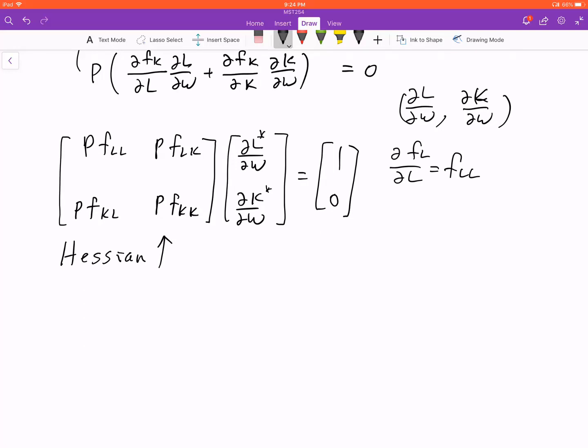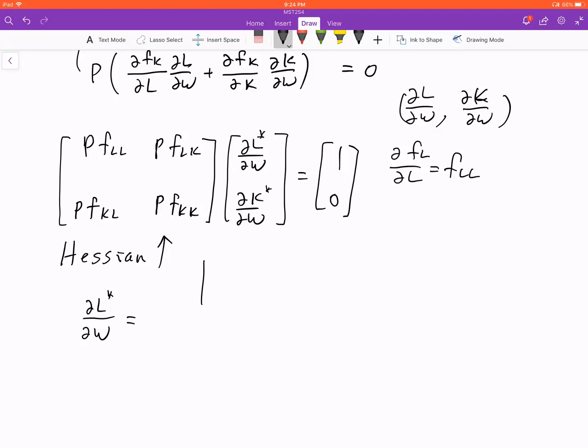And notice over here, if we want to find dL*/dW, we also have to find dK*/dW. They just come together. You cannot just find one without the other. Of course, you can now write down the formula using Cramer's rule. Cramer's rule says that if you want to find the first component, this is what you have.